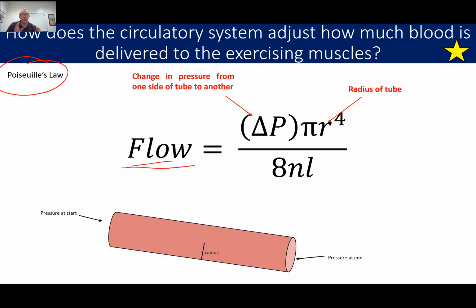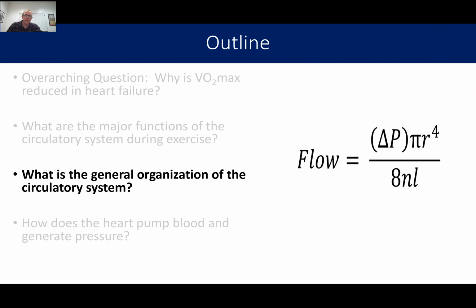But if you want to look at a whole muscle, then you look at the sum of all of the radii. Is that plural? Radii? That sounds right. I'm sure some people are rolling their heads right now. All right, and then viscosity and length, not going to change all that much. Most of the time, very constant. But you could see scenarios in pathological situations where those might become important.